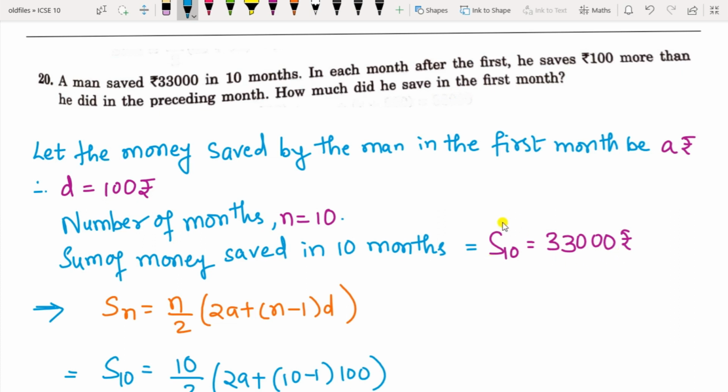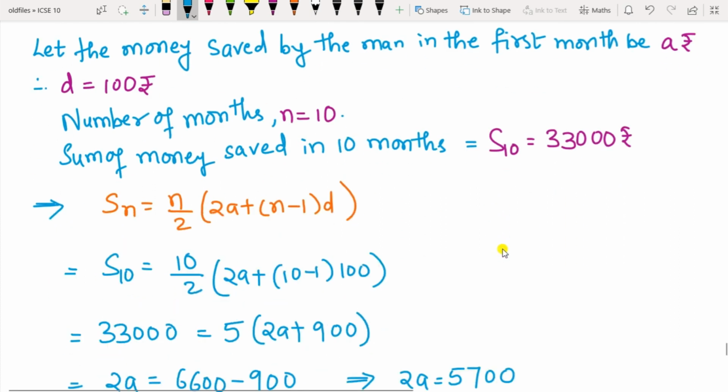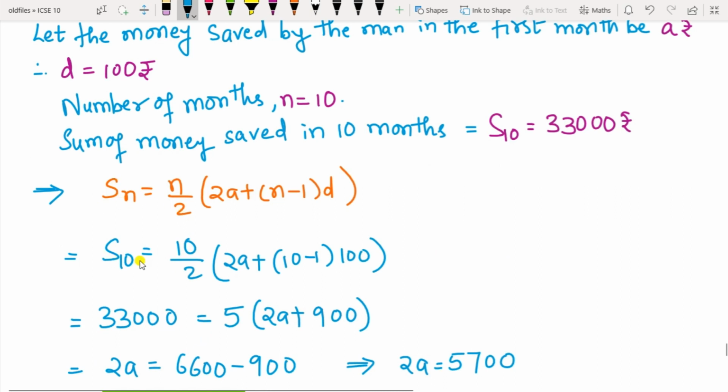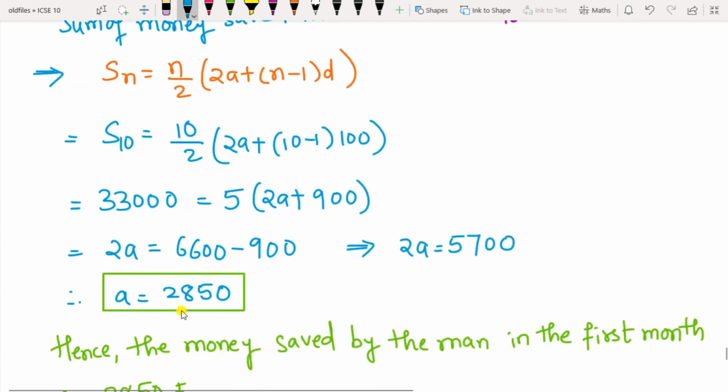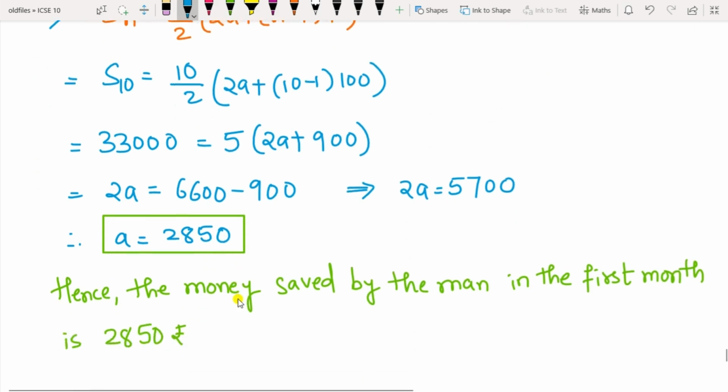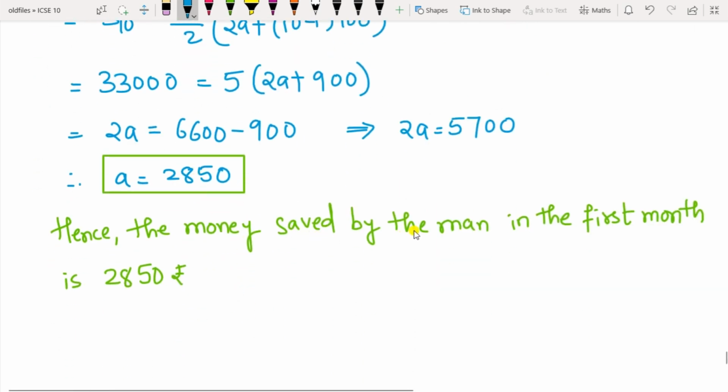Apply the formula for the sum, and you get the value of A as 2,850, because n is 10 and S10 is 33,000. So he saves 2,850 rupees in the first month.